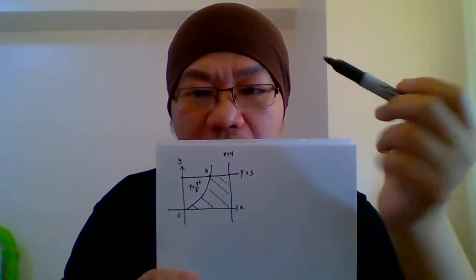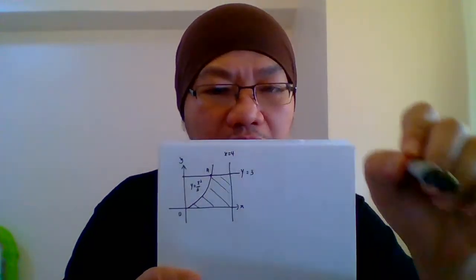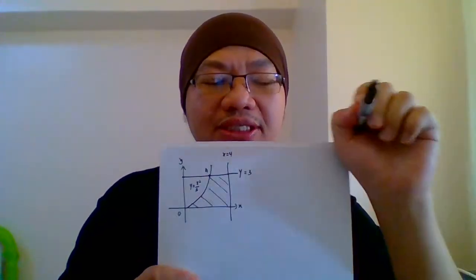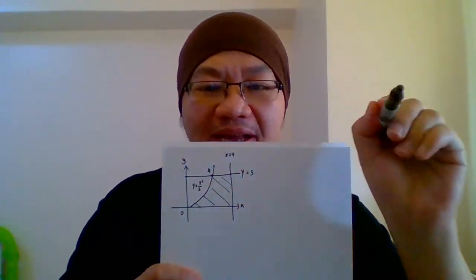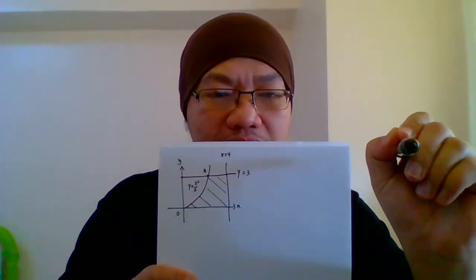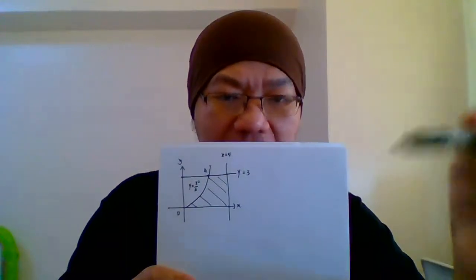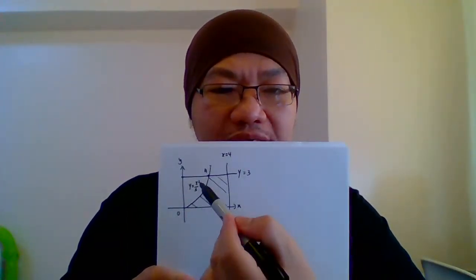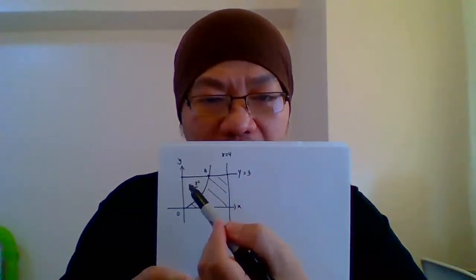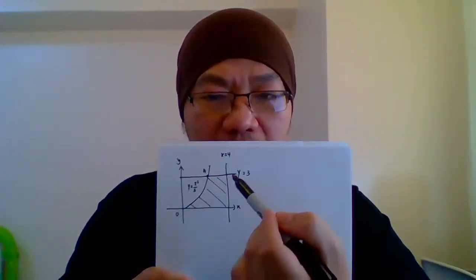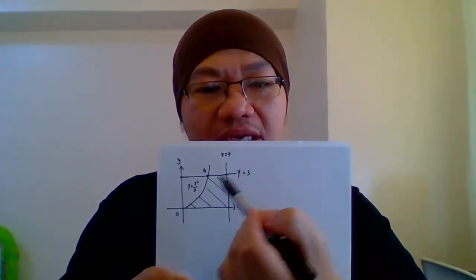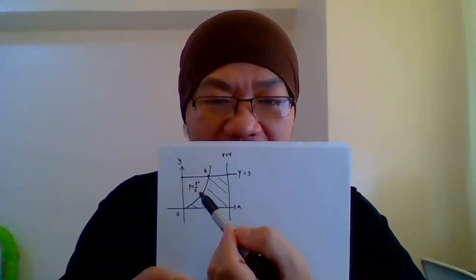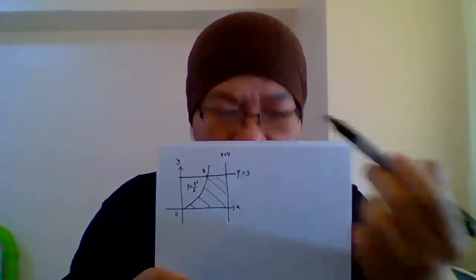I told you, if you want to find the point of intersection, you need to use simultaneous equations, kena guna persamaan serentak to solve the problem. How to use the persamaan serentak? Make sure both equations have y as the subject. Your curve y is already the subject, your y equals 3 also has y as the subject, therefore x squared over 3 and 3 are equivalent.